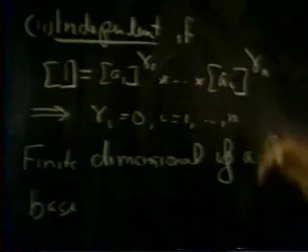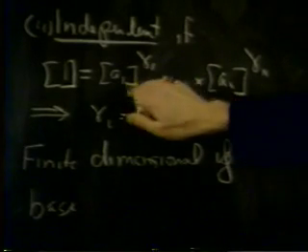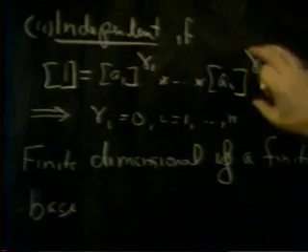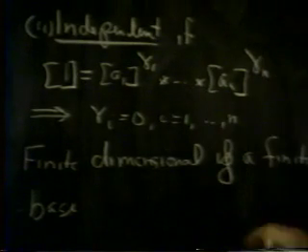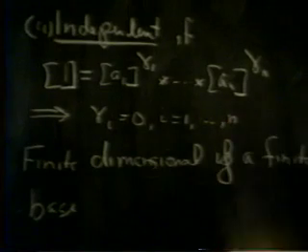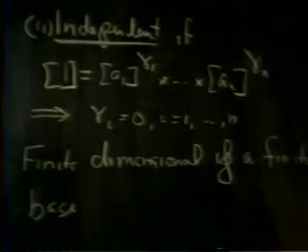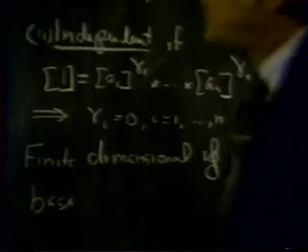It means that no one base can be written as products of powers of all the remaining ones. And then we say the vector space is finite dimensional if and only if it has such a finite basis. If I go back to my example, this is a finite dimensional case.